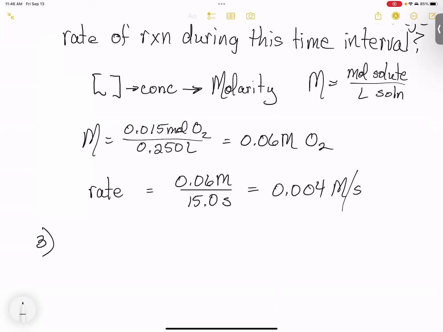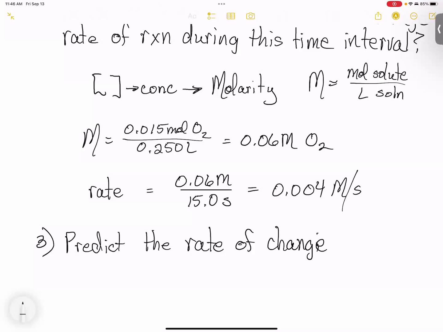Okay, the third one. Predict the rate of change in N2O concentration.